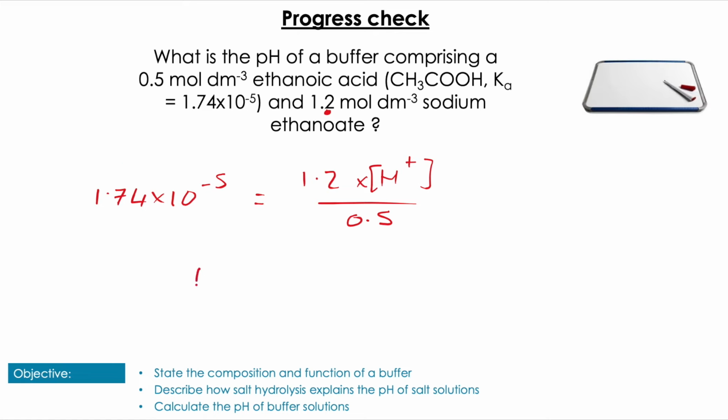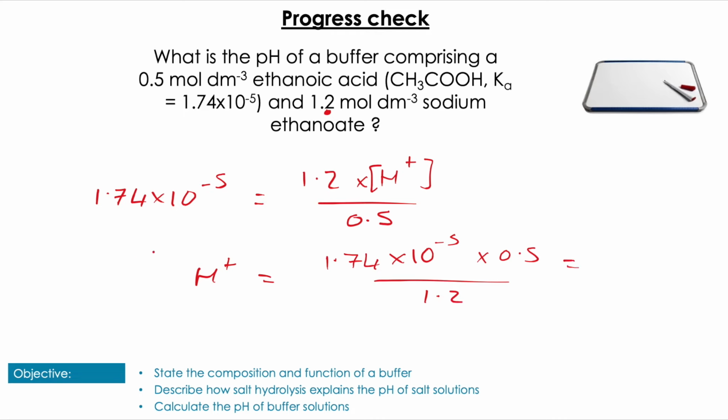Then we're just going to multiply and divide through by 0.5, then 1.2, so we get 1.74 times 10 to the minus 5 multiplied by 0.5 divided by 1.2.